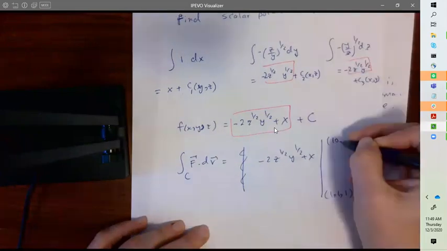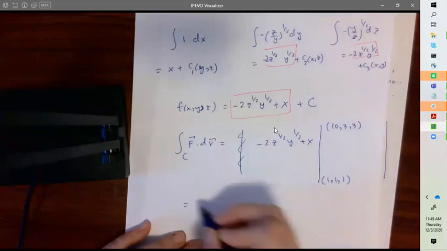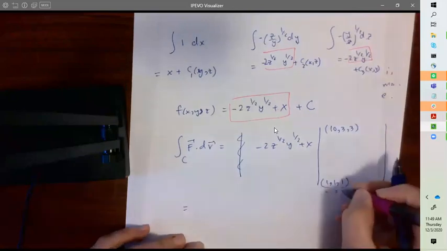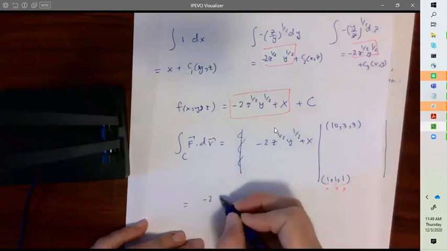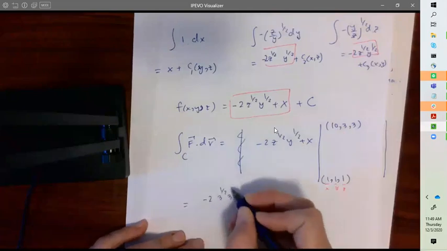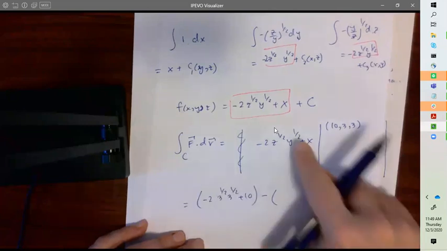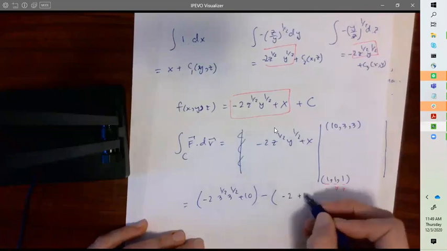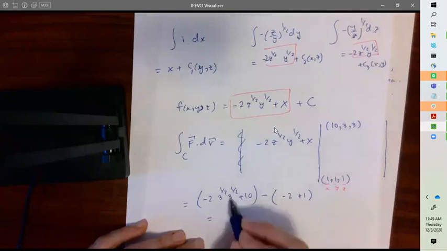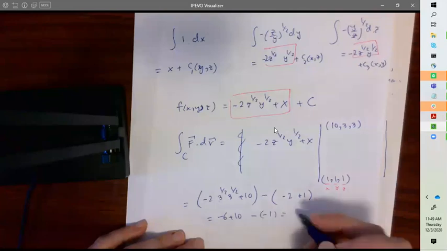This is for x, this is for y, this is for z. Plug in 10, 3 and 3: negative 2 times 3 to the power 1/2 times 3 to the power 1/2 plus 10, minus, plug in 1, 1, 1, and you get negative 2 plus 1. And so this is going to be negative 6 plus 10, minus negative 1, 4 plus 1 equal to 5.